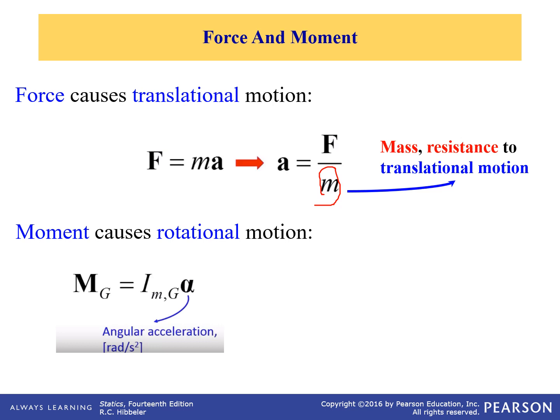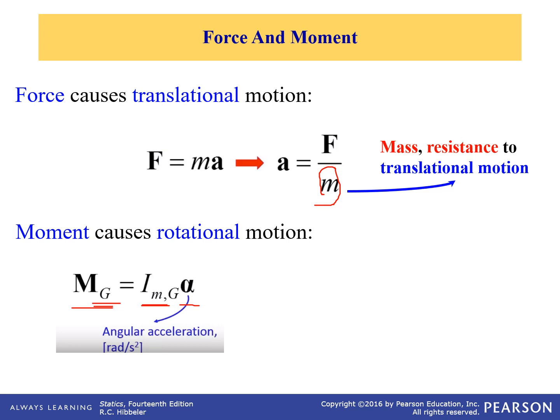Here is what we have: moment about G. When we calculate moment, it's about a specific point or a specific axis. The subscript G means the axis passes through the gravitational center of the body. So the moment equals the term I times the angular acceleration.